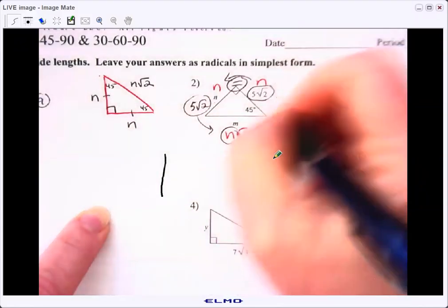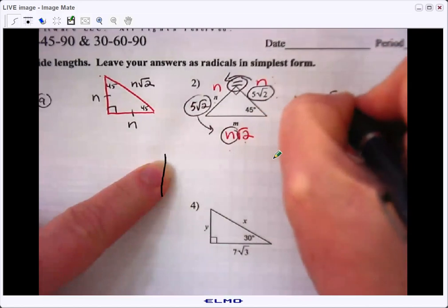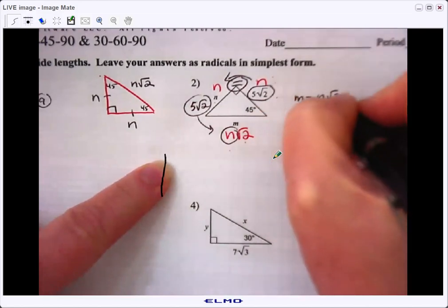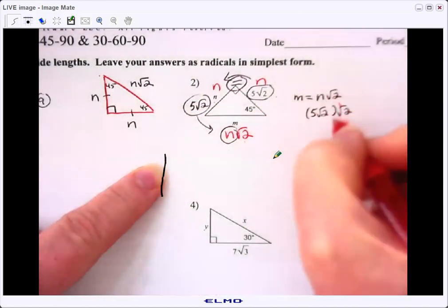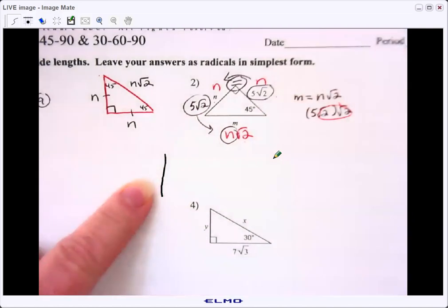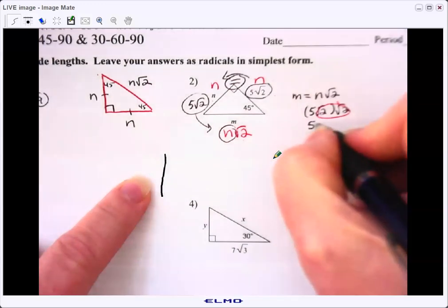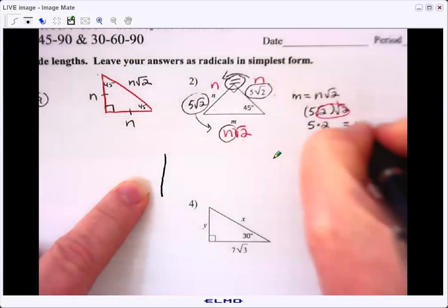So my hypotenuse is going to equal n root 2, but n is 5 root 2, and then I bring down the root 2. So what do we know that root 2 times root 2 is? Just 2. We have an outside 5 times an outside 2, which is going to equal 10.